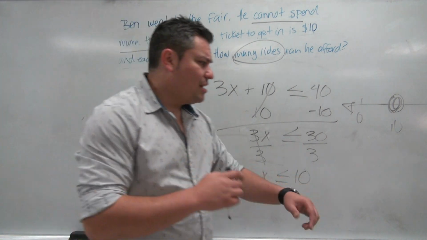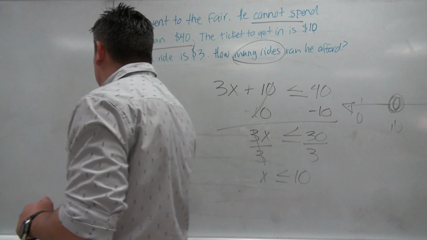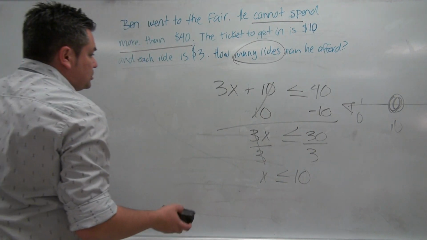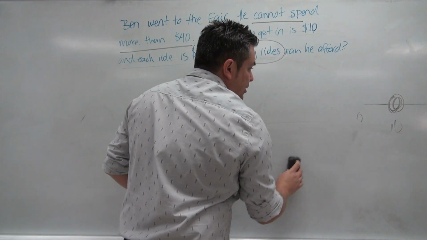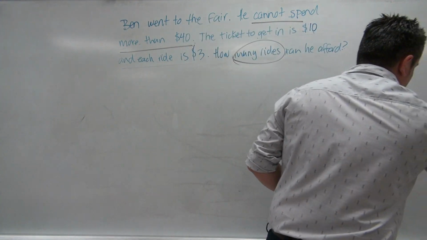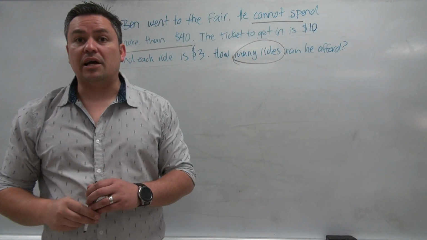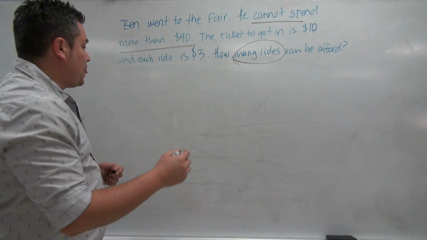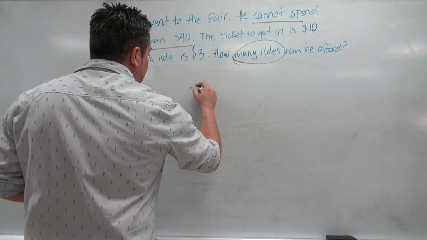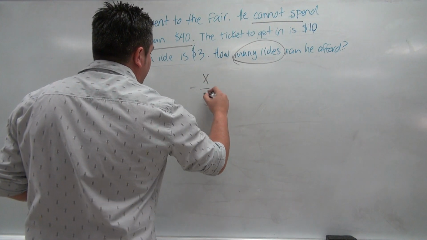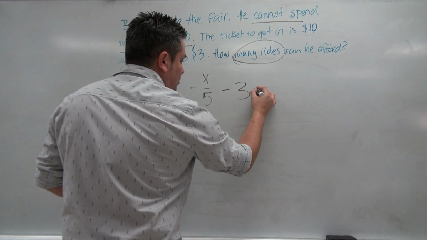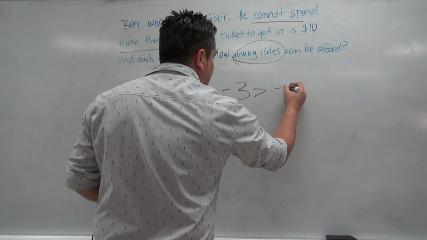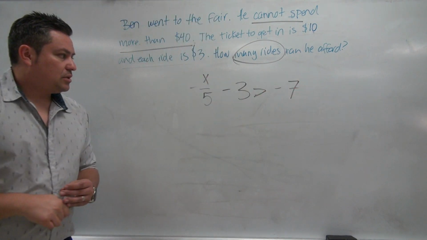No. The last thing I want to show you is the special, it's not special, well I call it special because it's different than any other equation. So we're gonna do this example: negative x over 5 minus 3 greater than negative 7, okay?